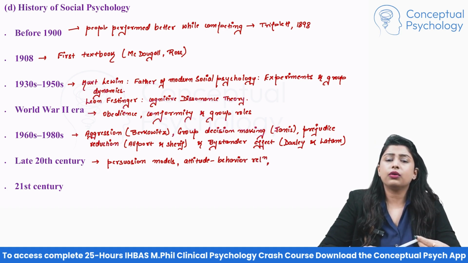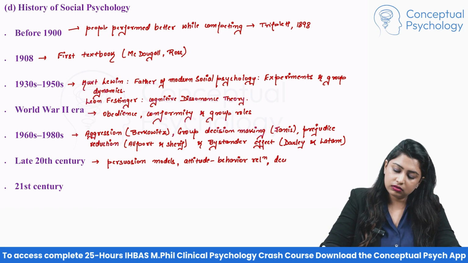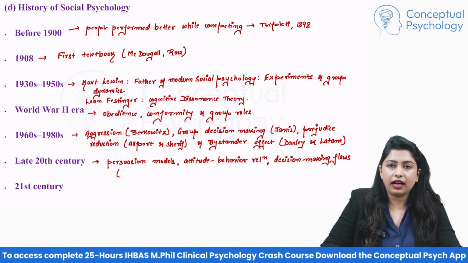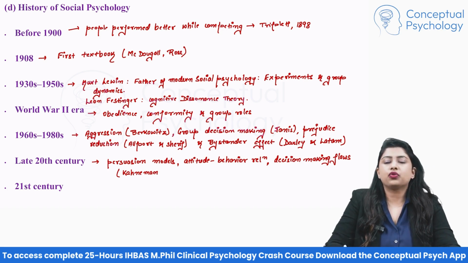Then we would also look at the decision making flaws, given by Kahneman and Tversky.